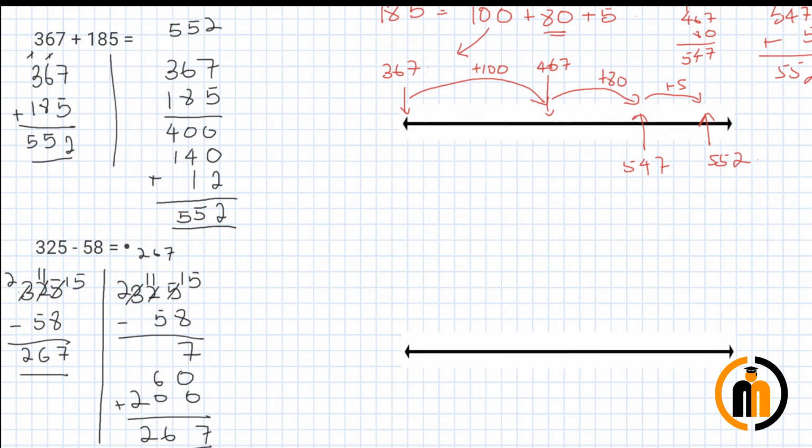Okay, now for subtraction, usually the number is decreasing. So for example, let's start the number here, 325. Then we have 58, which equals 50 plus 8. We've partitioned them into tens and digits. So when we decrease 325, we are minusing 50.